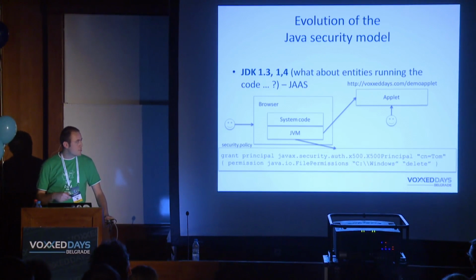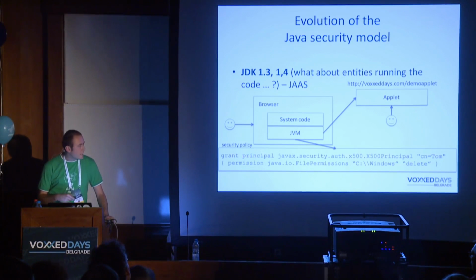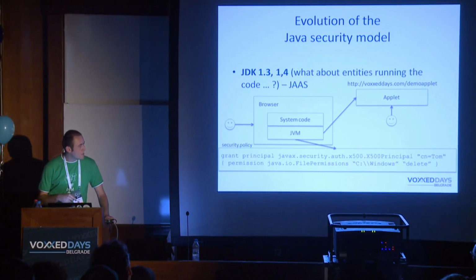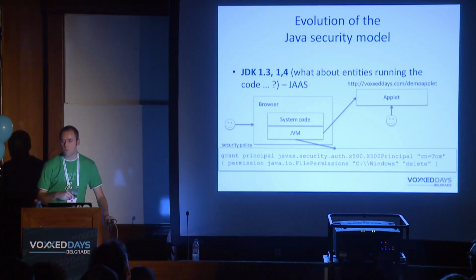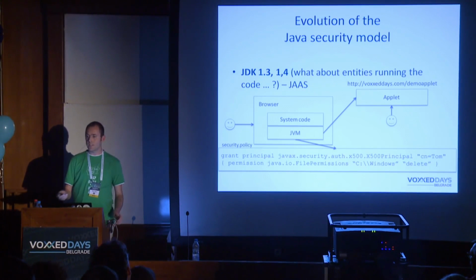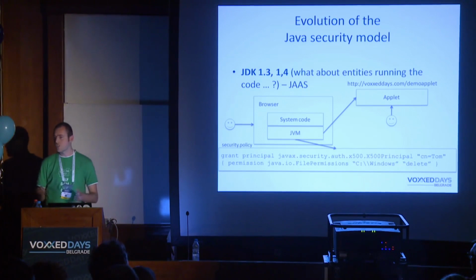And that information is, for example, some principal, which in this case is just a property of the user that loads the applet. And this principal in this particular case is an LDAP principal that has a property CN equals Tom. So principals in JAAS basically are some properties that are attached to a subject, and a subject is just the one that loads the applet.